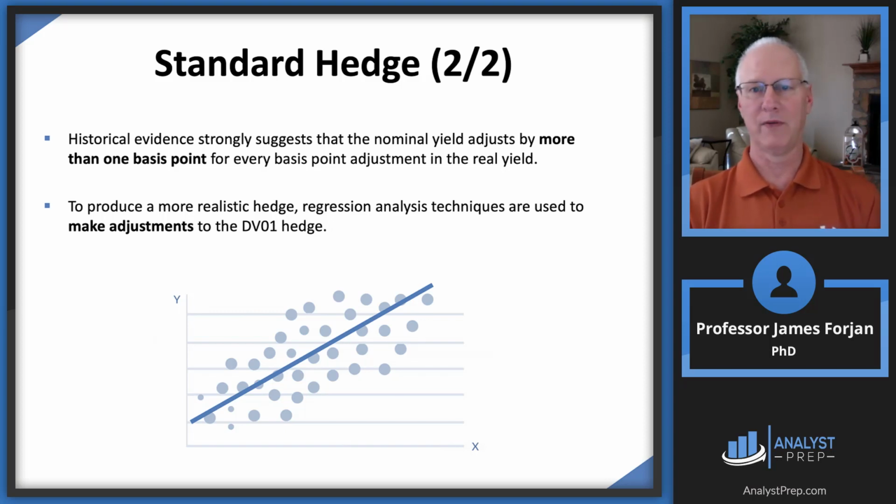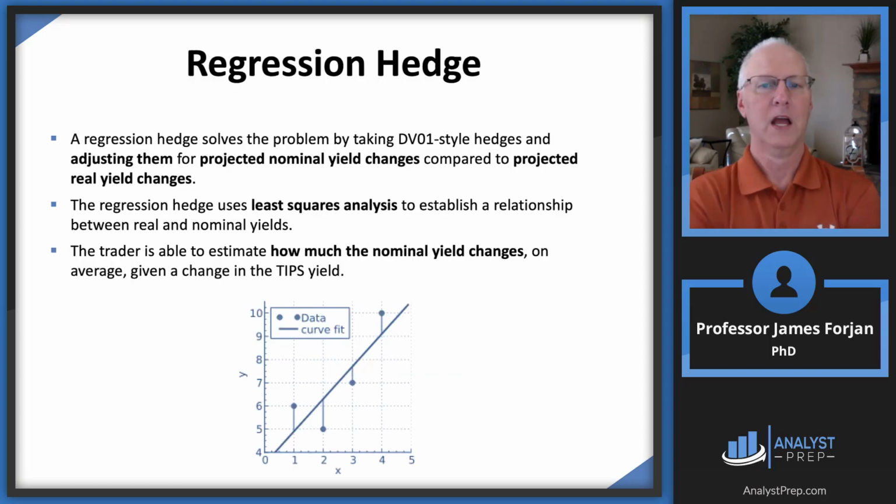Remember, that's going to be beta. And I had a great professor when I was in graduate school who gave us example after example to think of beta as just a measure of sensitivity. How sensitive, right? If the beta is 0, then boy, we really don't know what's going to happen. But if the beta is really high, that means that it's highly sensitive. All right. And then the regression hedge is probably going to be exactly what you might suggest.